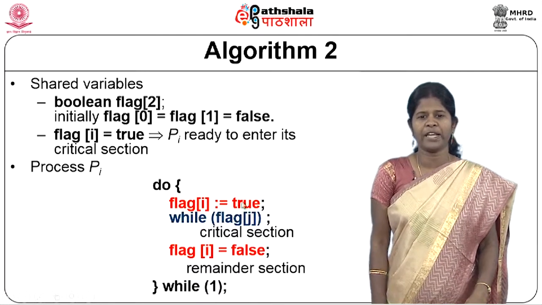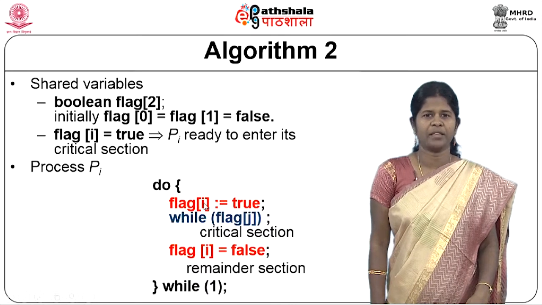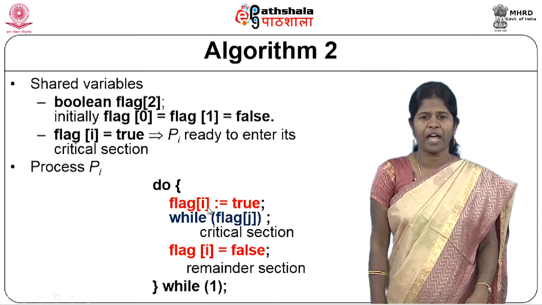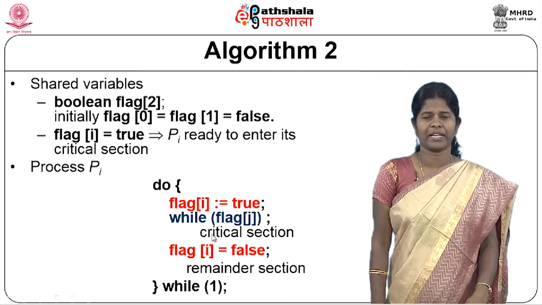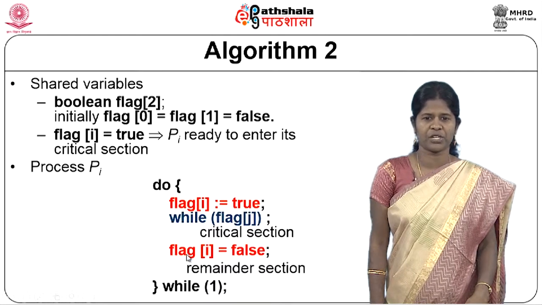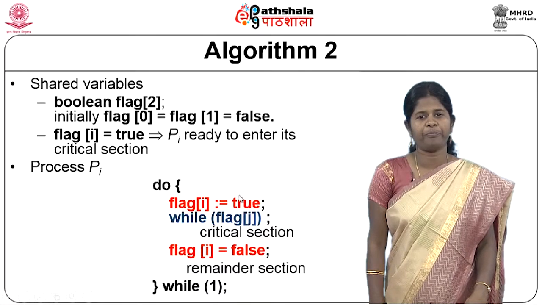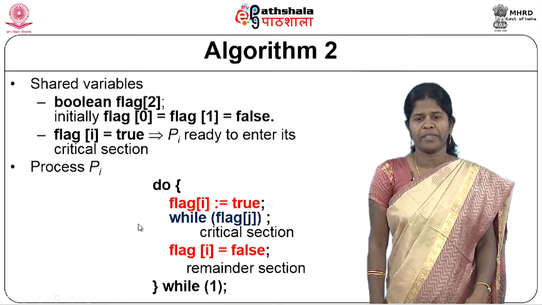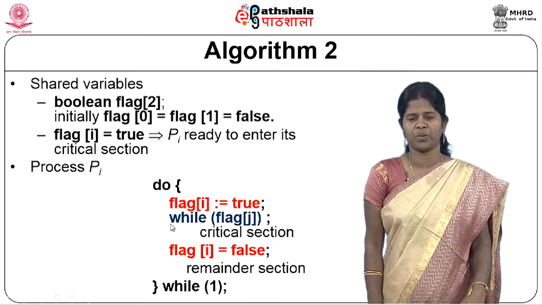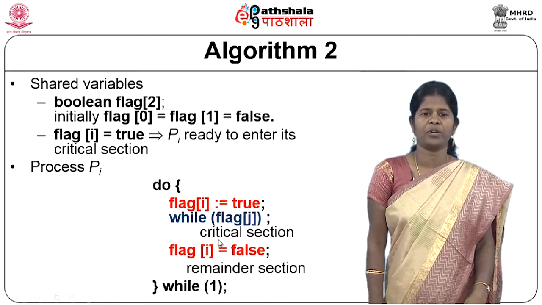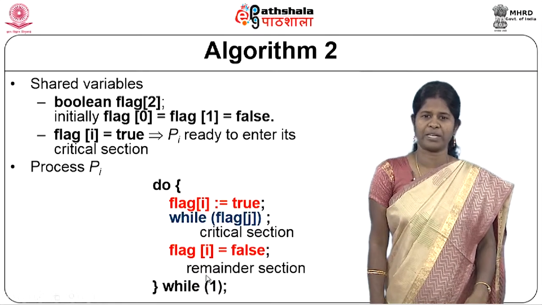For P0 the code will be something like: flag of 0 equal to true, while flag of 1, then critical section, and after coming out of the critical section, flag of 0 equal to false, and then remainder section. And for P1 the code will be: flag of 1 equal to true, while flag of 0, critical section, flag of 1 equal to false, remainder section.